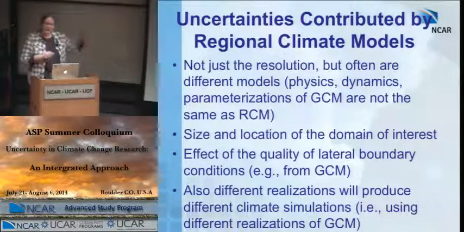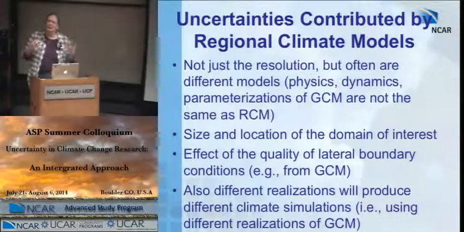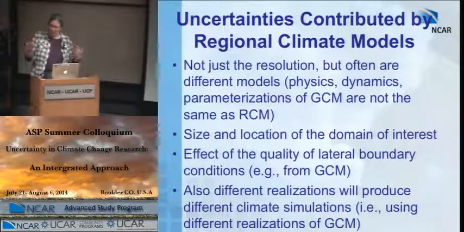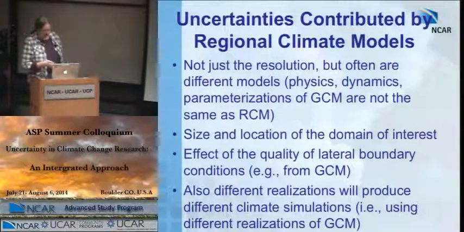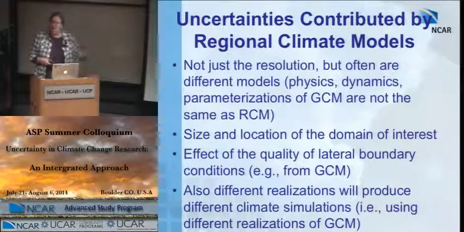So you're actually combining different model characteristics from the GCM to the RCM. Now, some systems, for example at the Hadley Center, really try to match that very carefully within the limits of the fact that they're running at different resolutions. The size and location of the domain of interest can have a tremendous effect. So can the quality of lateral boundary conditions, i.e. how good are the boundary conditions coming from the GCM.